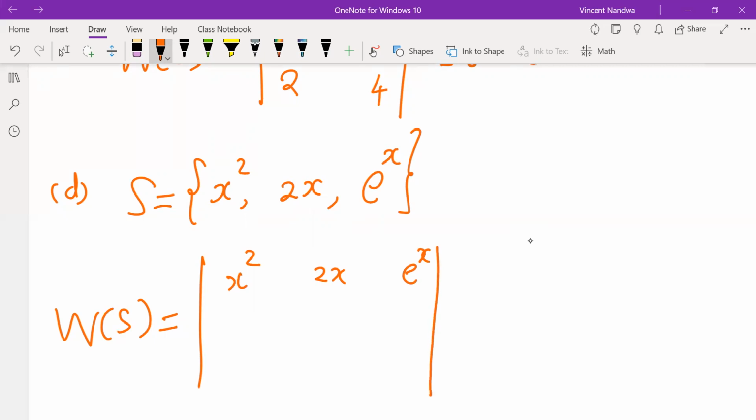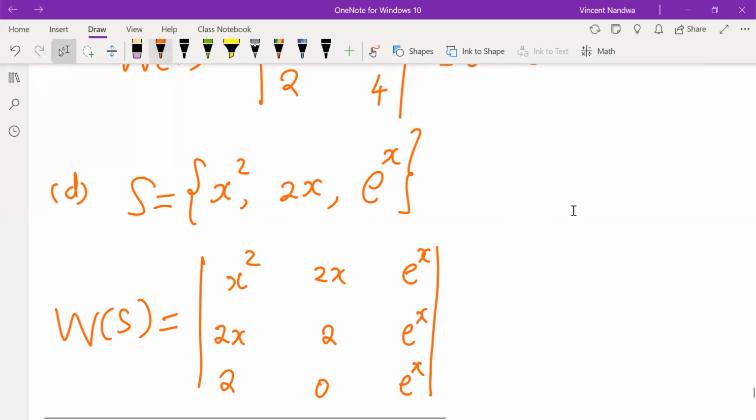Then the second row, you get the derivative of the first row: 2x, this is 2, e^x. Third row, the derivative of this, we get 2, this is 0, and then this one is e^x.